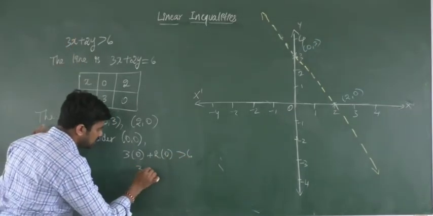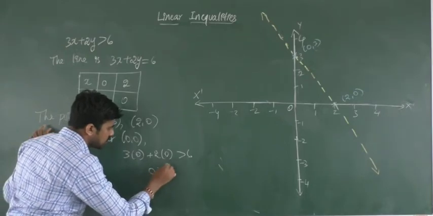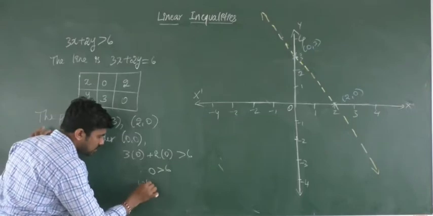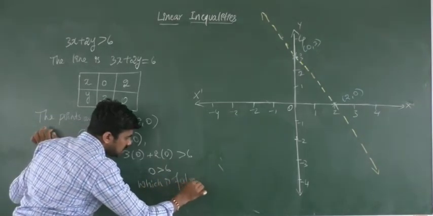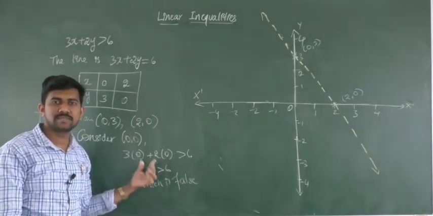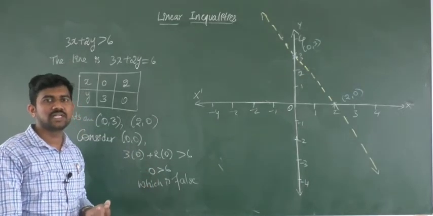So 0 plus 0, 0 greater than 6. 0 is not greater than 6, which is false. Means the origin does not lie in the solution region. Origin does not satisfy the given inequation, right?